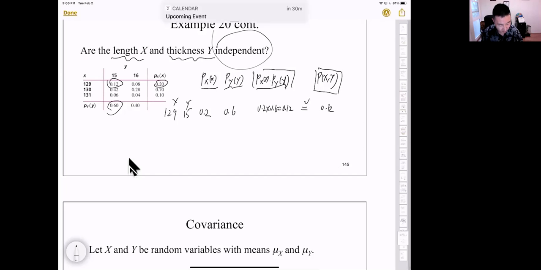We should also check all the other 5 combinations, for example x equal to 130, y equal to 15, and so on. We check everything, and it turned out all of pxx times pyy is equal to pxy. So they actually are independent.